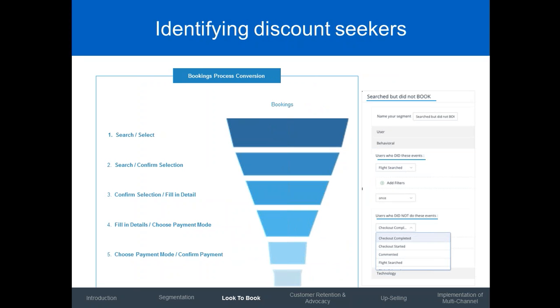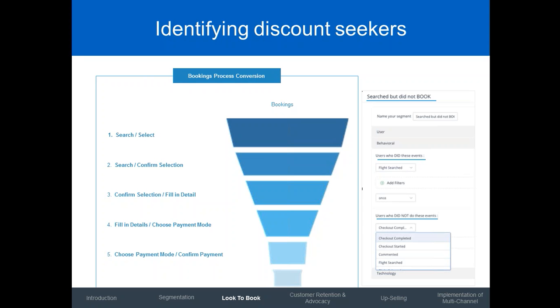And one of the key ways is to read this funnel very effectively, understand different segments, and then communicate to a set of people accordingly. One of the ways you could look for a discount seeker is someone who comes, looks at the price and just leaves, and the time spent on the page is not enough.